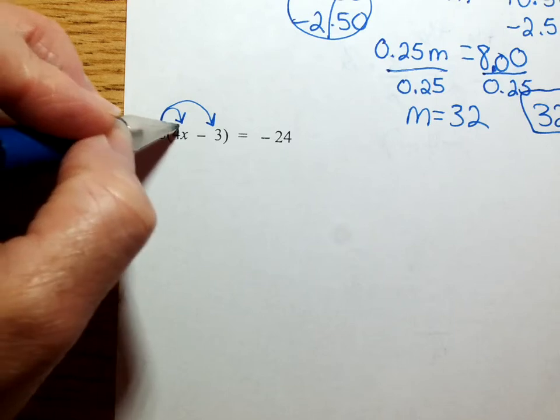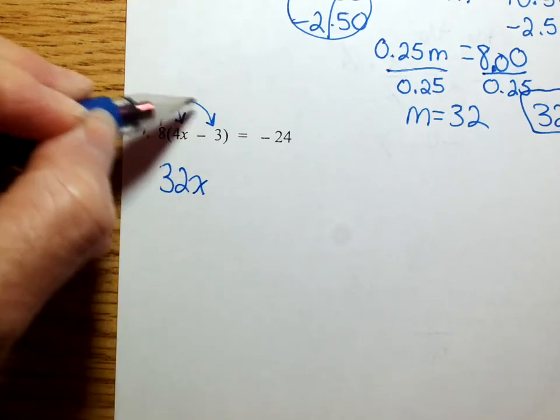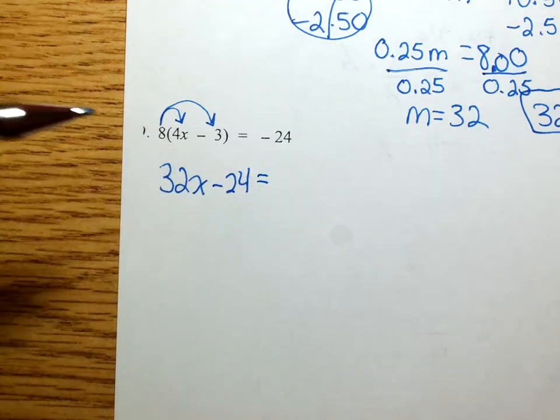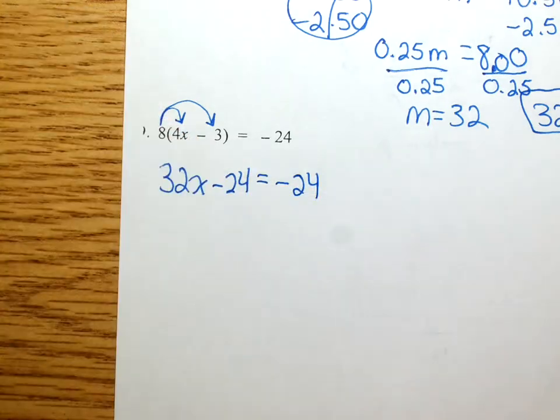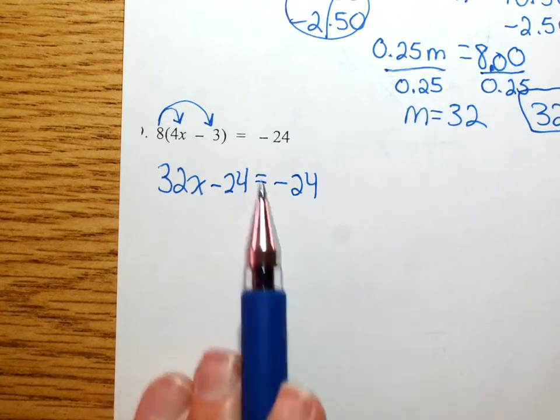Okay guys, 8 times 4x is 32x. 8 times negative 3 is negative 24. Then it's equal to negative 24. I've distributed. I'm going to try to combine like terms, but there's nothing over here to combine.